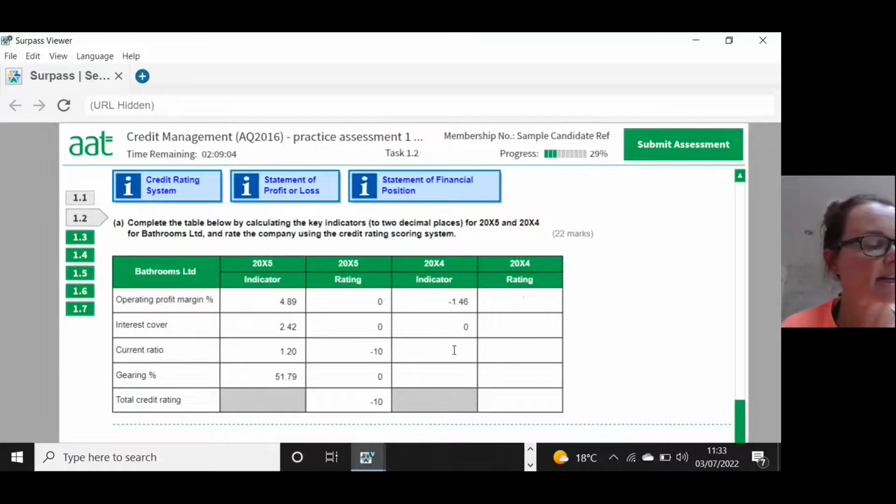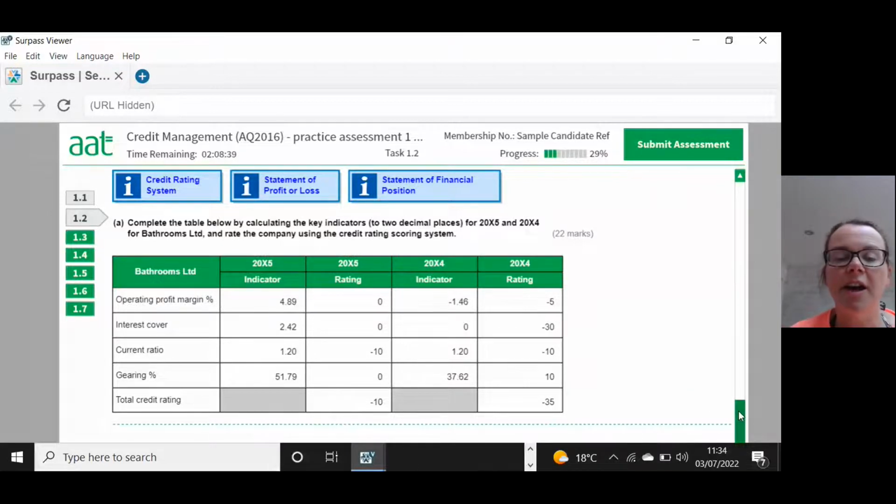Right, so if I just close those all down for a minute. If I had worked this all through in its entirety, these are the answers that I would have obtained. And I would have had ratings of -5, just using that conversion table, -30, -10, and 10, giving a total there of -35.